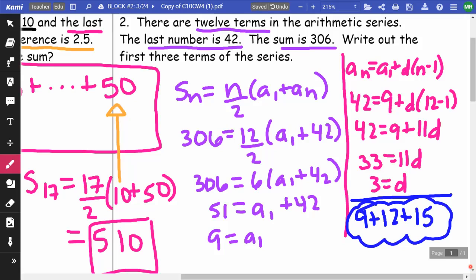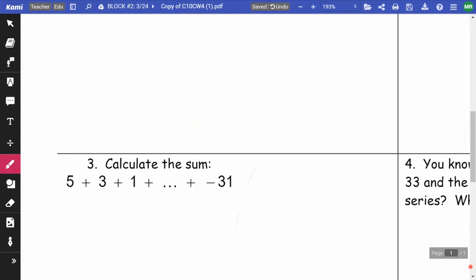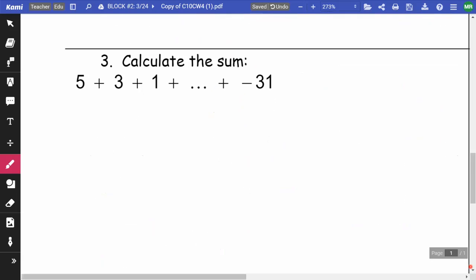So on number 3, calculate the sum. Okay, so I know my first term is A1. I know my last term is a negative 31, and that's my A sub n. I don't know what term that is.